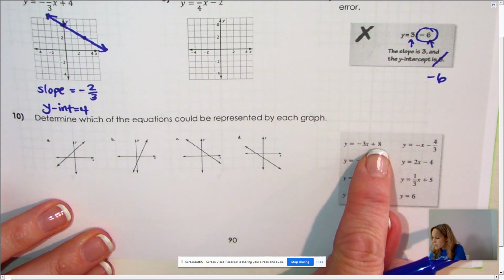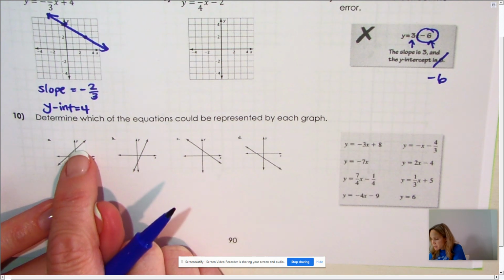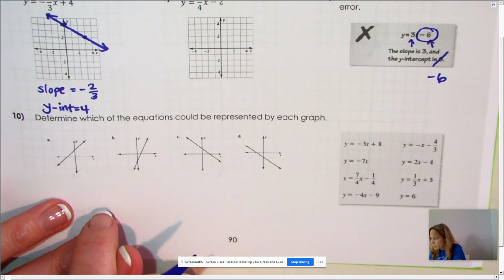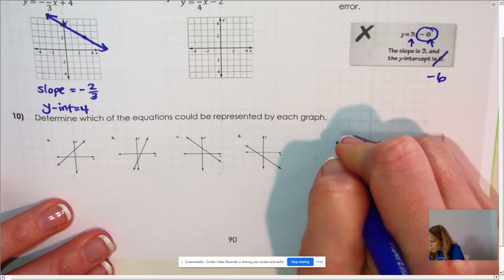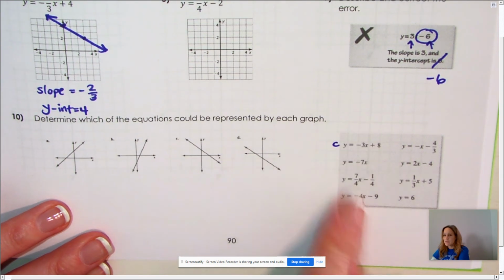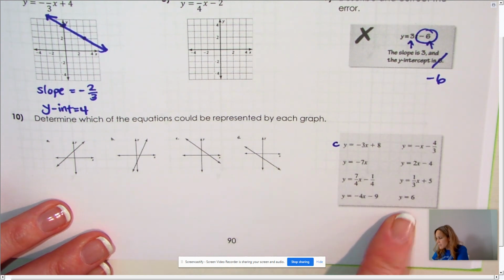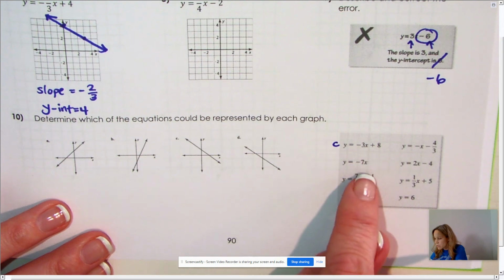So this one has a positive y-intercept and a negative slope. So this one has a positive y-intercept but a positive slope. This one has a positive y-intercept and a negative slope. So this one could be letter C. And you notice, you guys, that there's 4 choices, but there's 8 of these. So just do your best and see which ones could match up with which other ones.